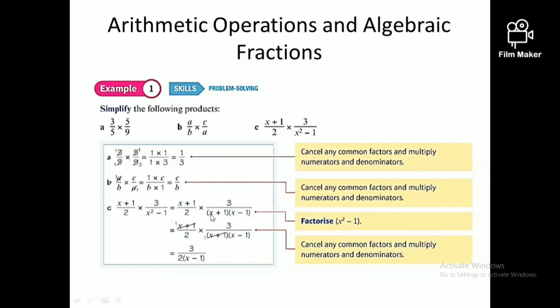You can factorize x squared minus 1. With that, you can cancel x plus 1 in the numerator with x plus 1 in the denominator. So the answer is 1 times 3 divided by 2 times x minus 1. So the answer is 3 over 2 times x minus 1. Right.